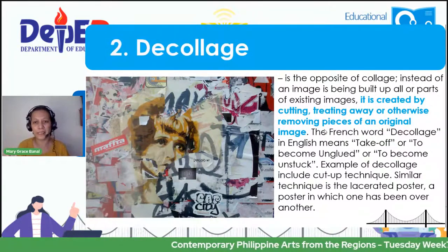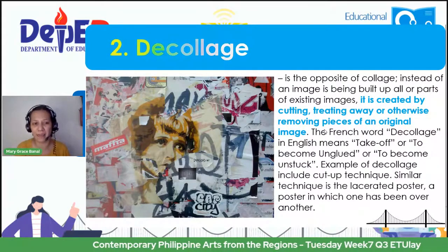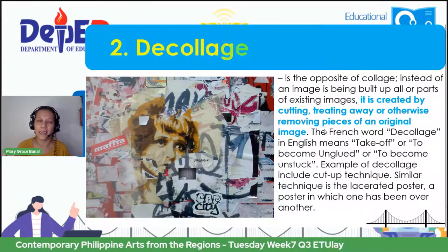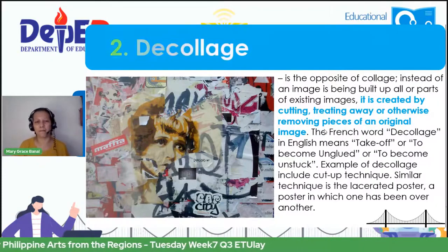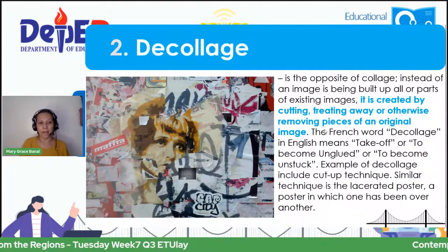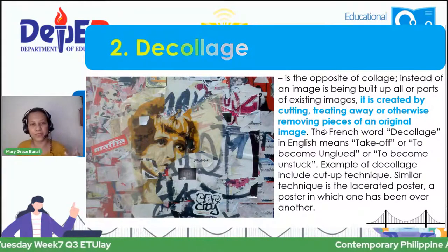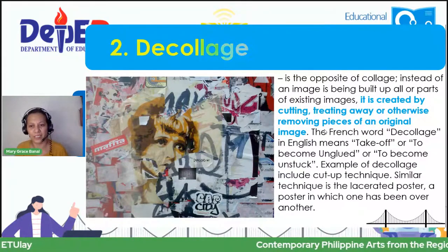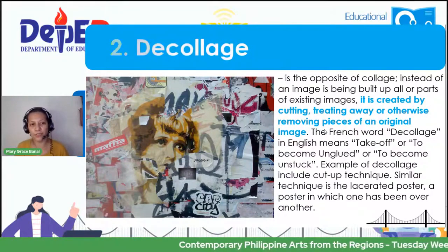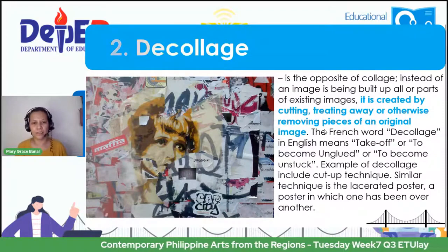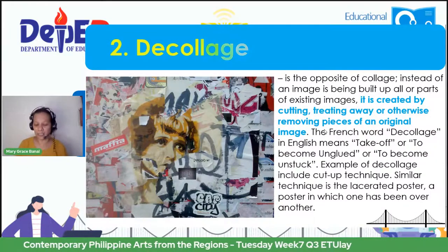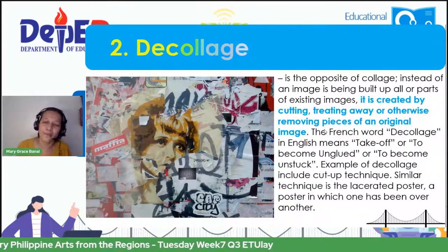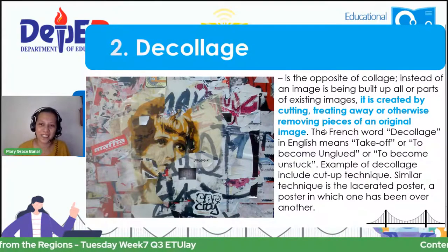That is an example. Pwede rin naman, sabi dyan, treating away, meaning you can use chemicals na nagbe-melt away ng part ng isang poster, for example, para magkaroon siya ng kakaibang effect dun sa iyong final decollage. So you can also use other cutting materials. Siguro gamit ka ng katana, ala Kenshin Himura, para makat off yung ilang part to finally create your decollage.